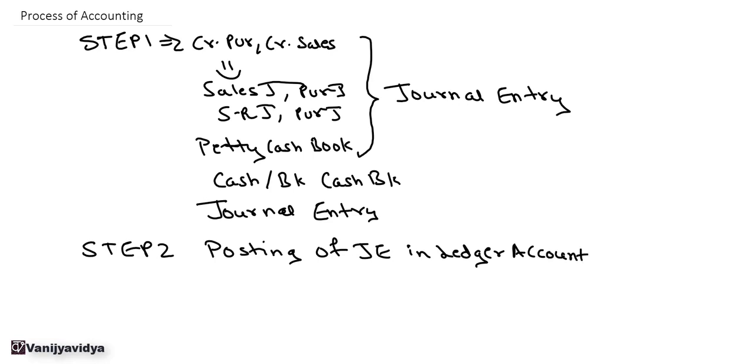Then step 3 is preparing trial balance as at the end of a particular period. So it may be on quarterly basis, on 6 monthly basis, or yearly basis, even on monthly basis also.